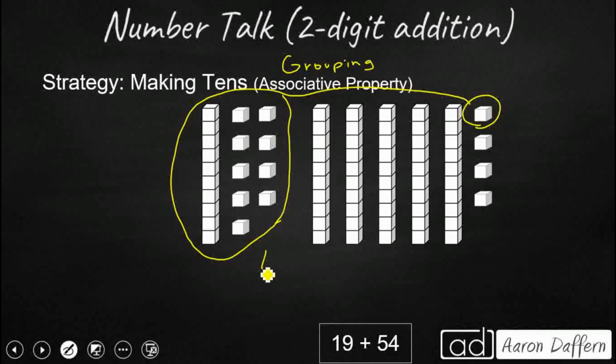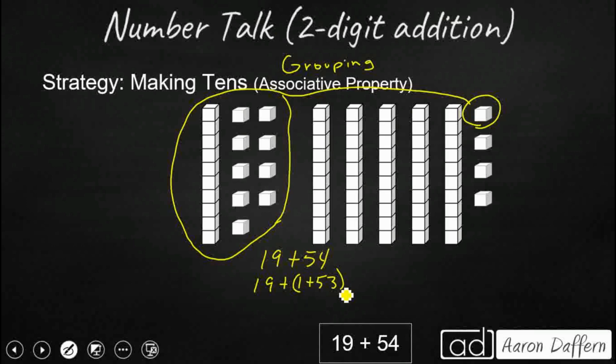So this is what it looks like. We're going to take our 19 and 54, and then we're going to take our 54 and break it up into two different parts. First, we're going to take that 1, which we need to make our 19 up into 20, and then whatever's left, which just happens to be 53, basically everything else. So you notice how now I have three different add-ins. My 54 is now a 1 plus 53.